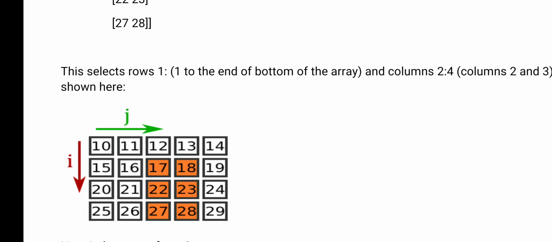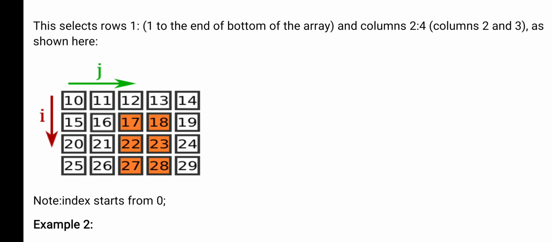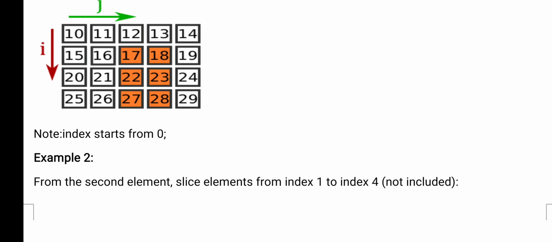So, if you have not given the ending row, by default it will take all the rows. Now, for columns 2 to 4, columns 2 and 3 it will take. See, in this example 17, 18, 22, 23, 27, 28 is printed. And here one note I have given, index starts from 0. Okay, that point you should also make a note: index starts from 0, row number starts from 0, column number also starts from 0.